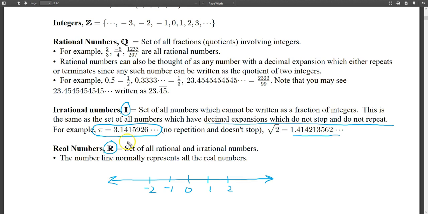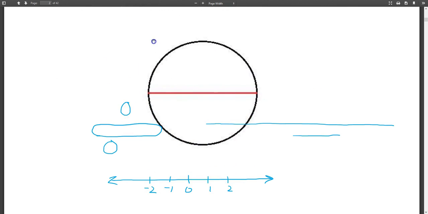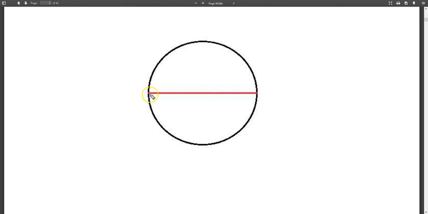Now let's take a look at one of these irrational numbers, pi. That's such a famous number and it's so useful, and you'll see it come up in a statistics course. Let's recall how that is defined, what it exactly is. Here we have a circle and we have a diameter cutting across the center.